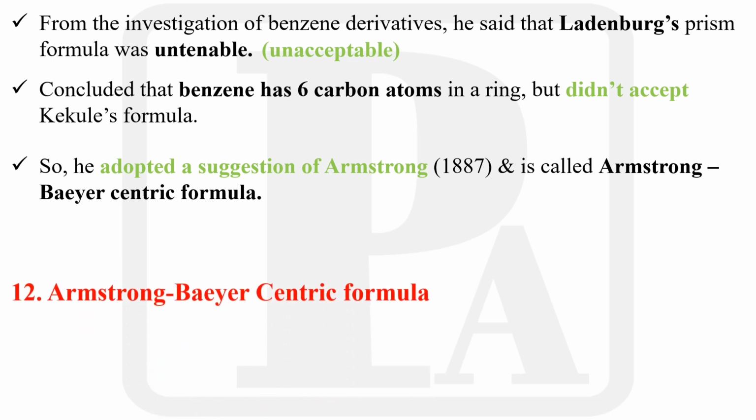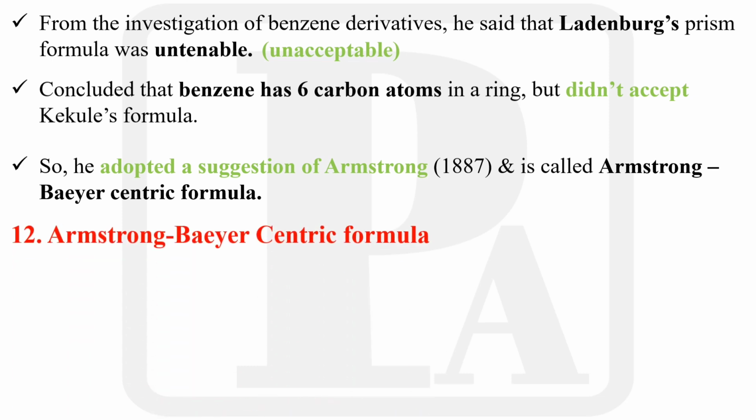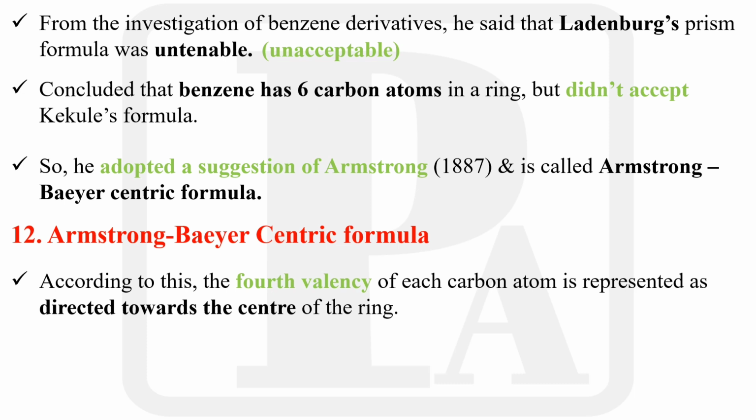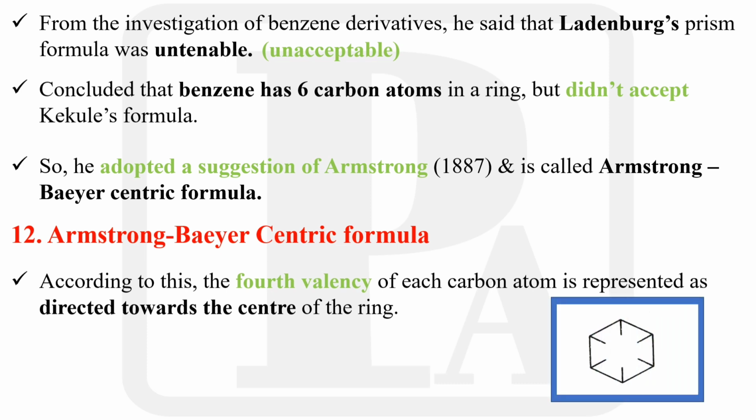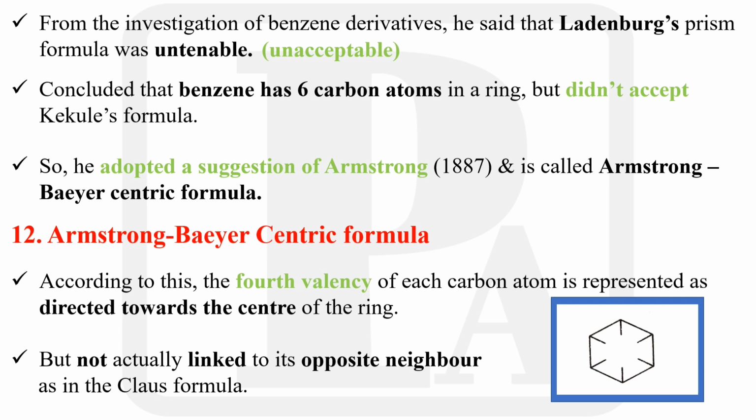So next one is Armstrong-Bayer centric. According to this formula, the fourth valency of each carbon is represented as directed towards the center of the ring, like this. Here it is not actually linked to the opposite neighbor. That was in Claus's formula, but here it is not connected to the opposite neighbor.